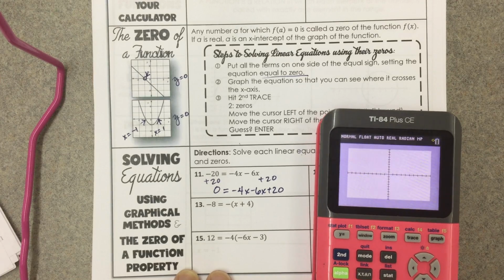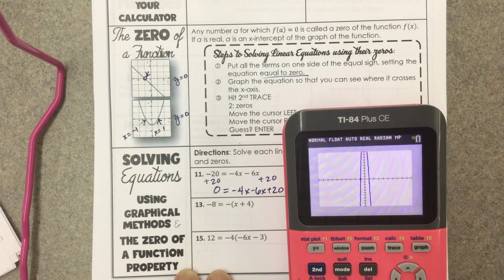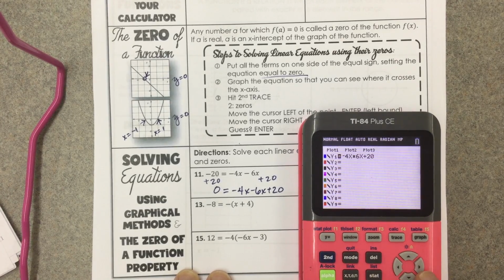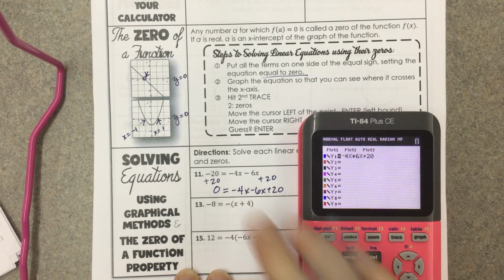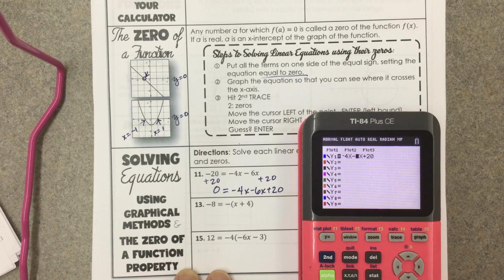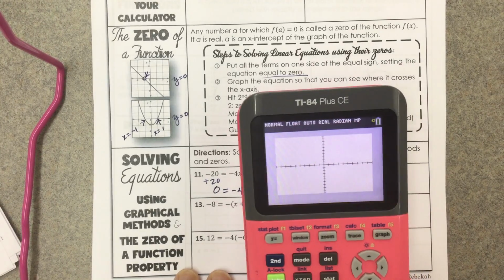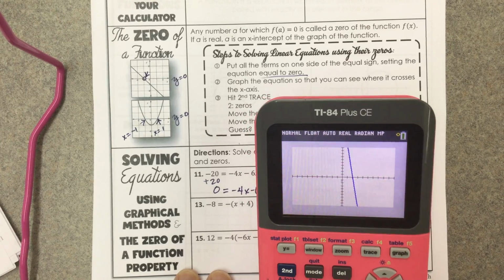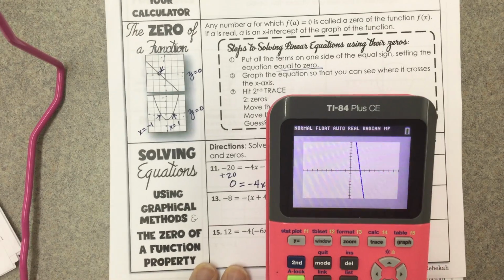And I'm going to try to see where this crosses the x-axis. I have entered it incorrectly. I could tell when I had a quadratic instead of a linear graph. So here we can see that the graph crosses at 2.